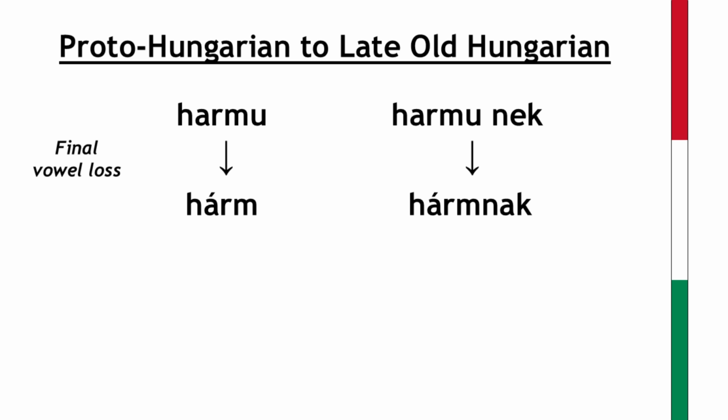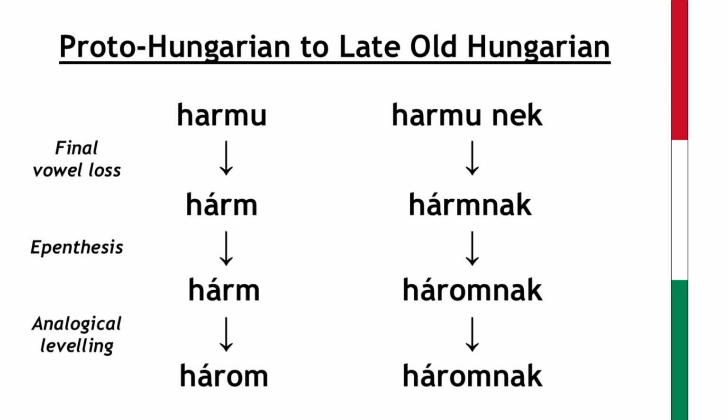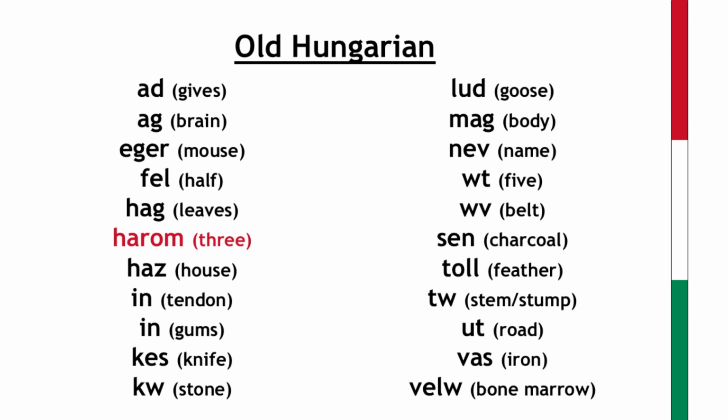These clusters often formed when an inflectional suffix was added and stem vowels lost, so when epenthesis occurred, this could be analogically extended to the unsuffixed form, leading to the apparent appearance of a vowel in the stem. This happened to the word for 3 in our list.